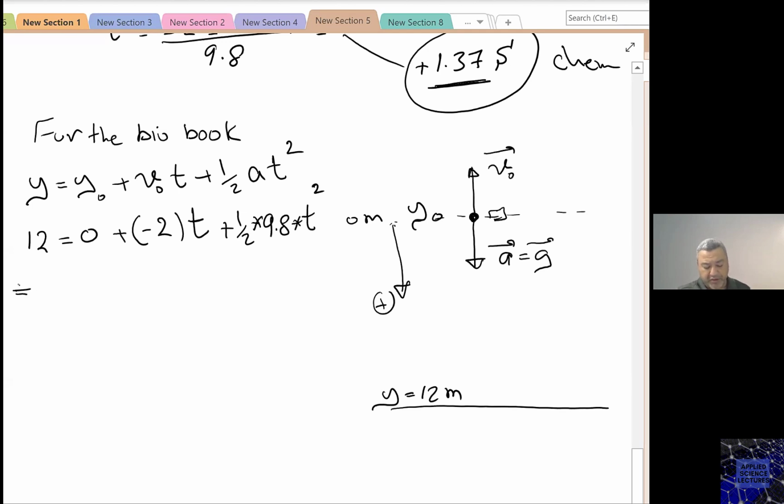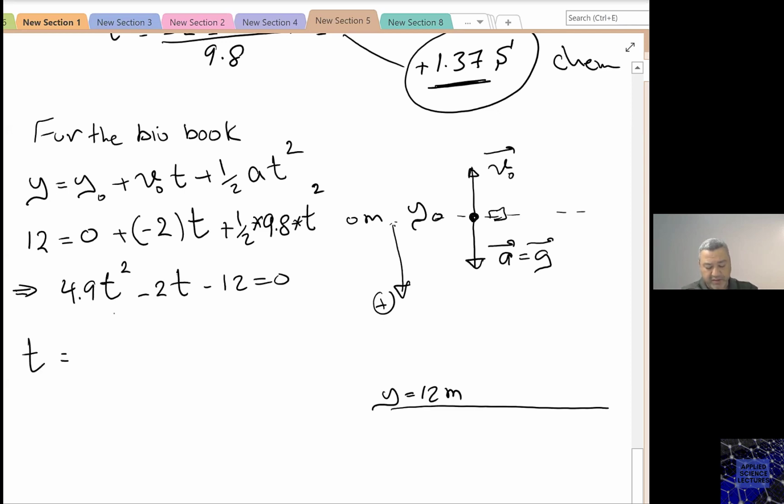Rearranging this equation, we will get a quadratic equation, 4.9 t squared minus 2 t minus 12 equals 0.